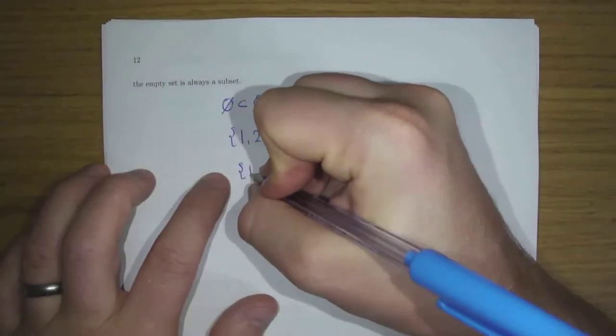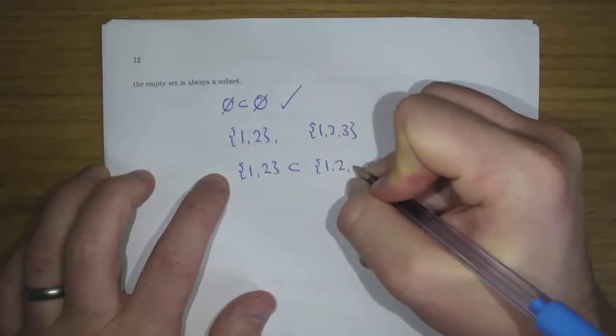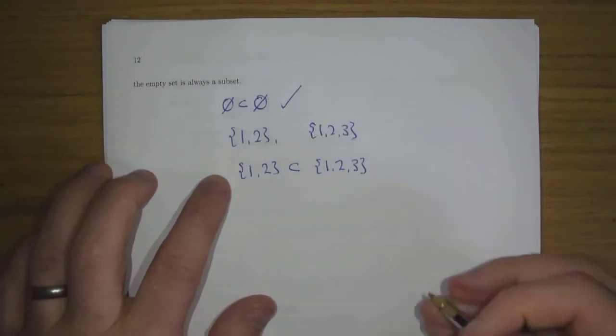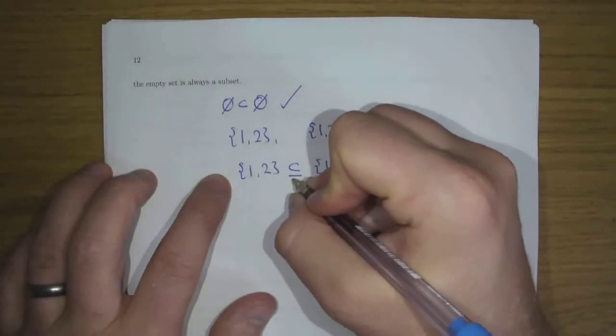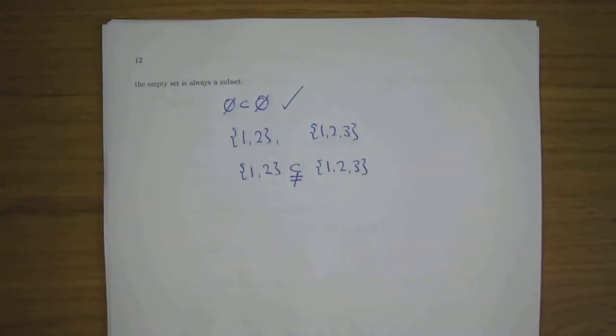You'd do something like this: {1, 2} is a subset, so it goes beyond less than rather than less than or equals. You'd say not equals, so it's a subset of, not equals.